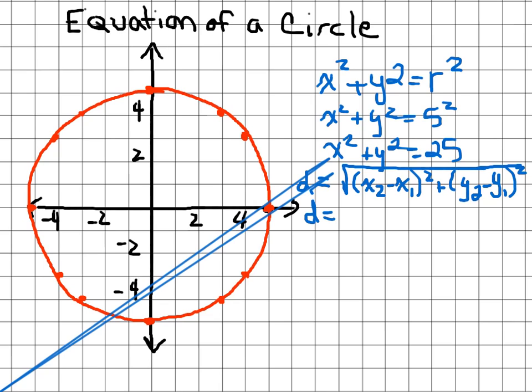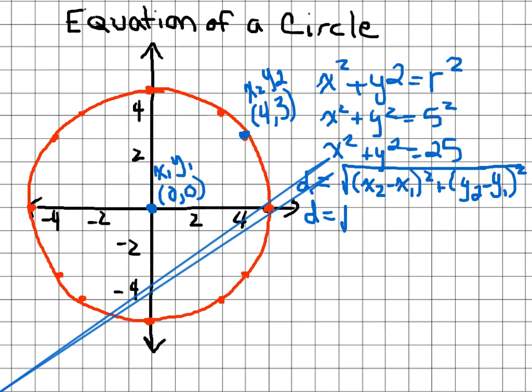So for my distance, I'll choose this point here, which is the point 4, 3, from the origin, which is 0, 0. So this is x1, y1, x2, y2.